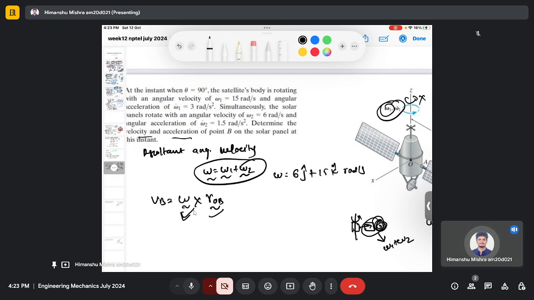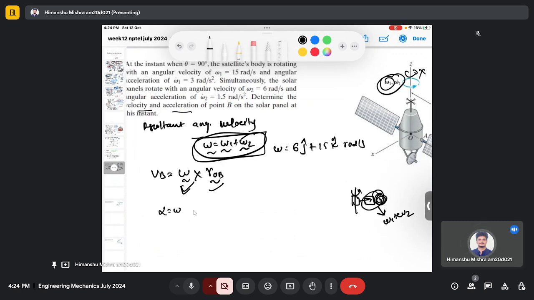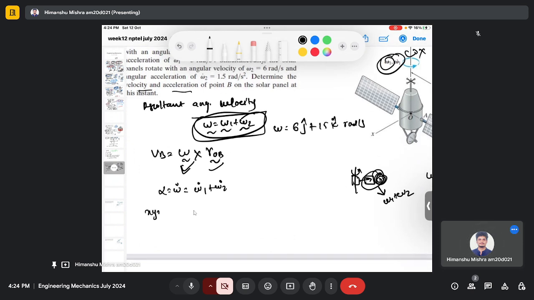Now we need to determine the angular acceleration, so we take the time derivative of this. We will get omega 1 dot plus omega 2 dot. Now let's say if my xyz is a moving frame, then I can define the rate of change of a vector as the rate of change of this vector in the moving frame plus the rotation of this moving frame with respect to the same vector A. All this is in vector quantity.